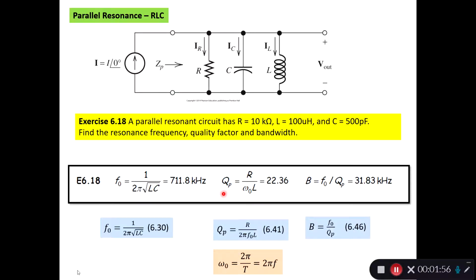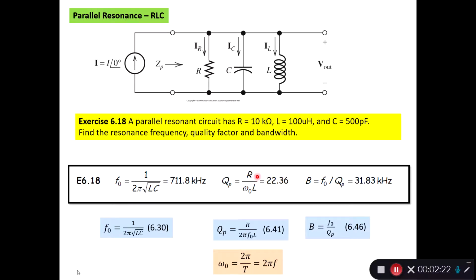Then we have to find the quality factor for this parallel resonance circuit. We can either use the parallel resonance where we have the resistor and the inductor, or the resistor and the capacitor. In this case, we just use the resistor and the inductor. Omega 0 here is 2π times f0, the resonance frequency.